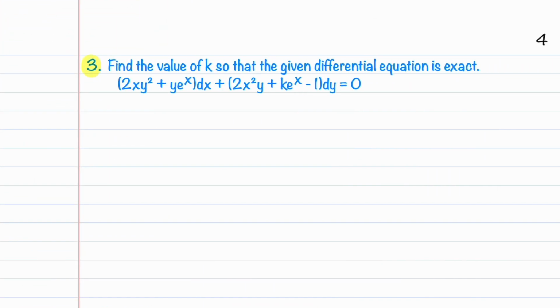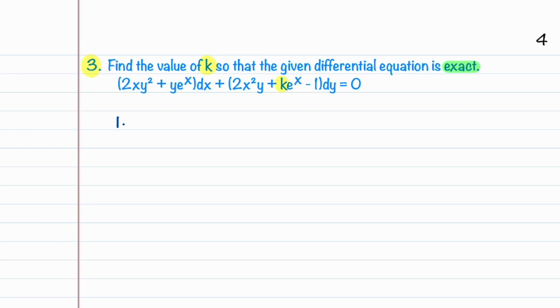Let's now look at example 3. This example is different, but I wanted to include this in case you encounter a problem like this. We want to find the value of k, here's k right down here, so that this differential equation that we've been given is an exact differential equation. To do this, we need to make sure that the exactness condition is satisfied.